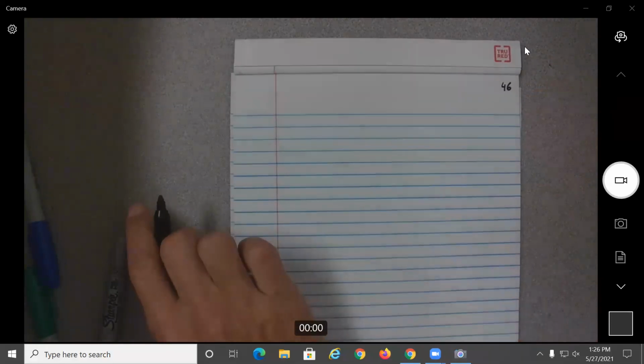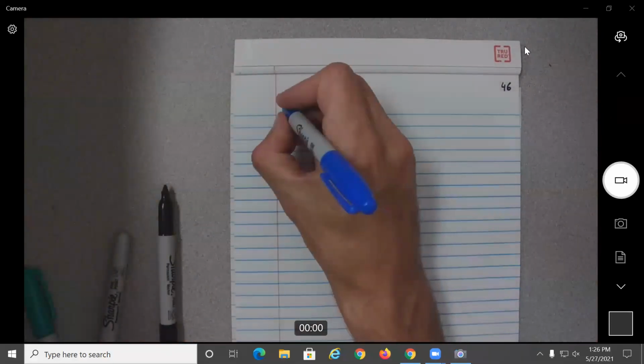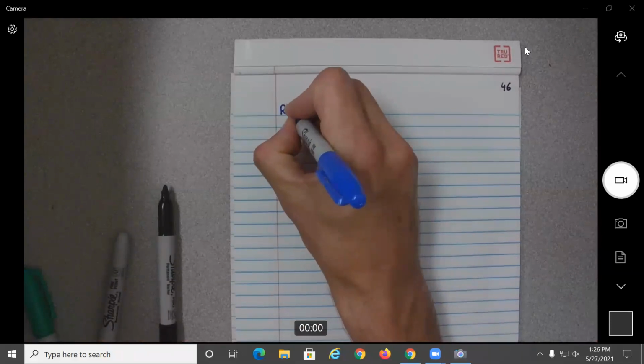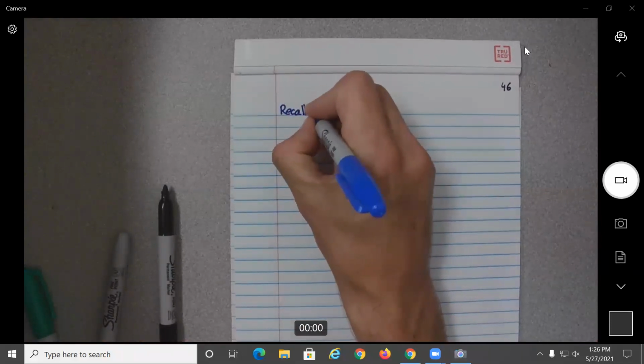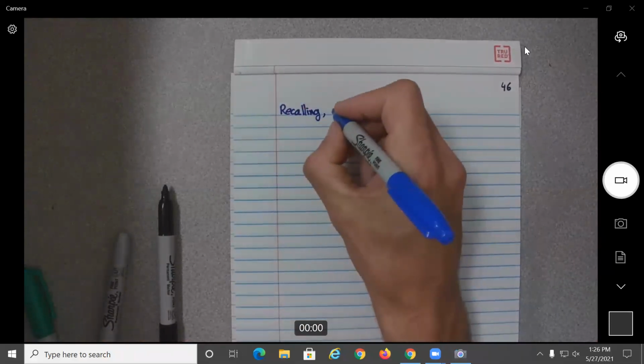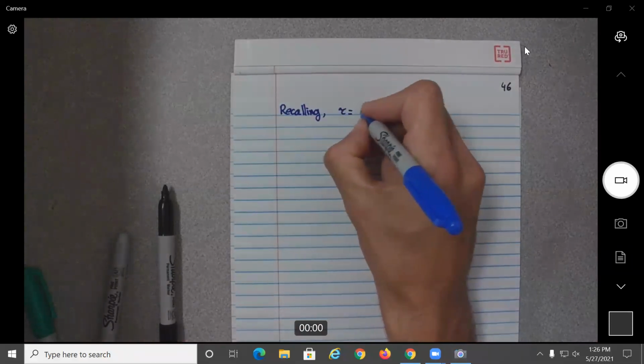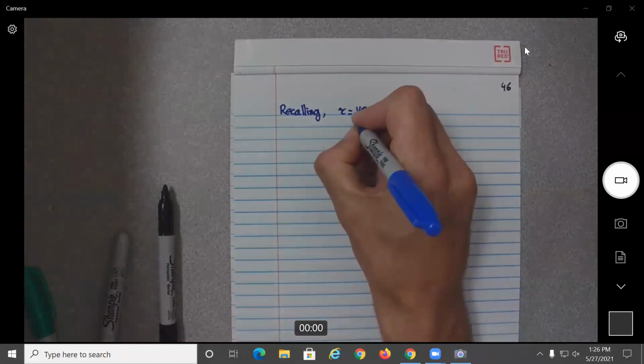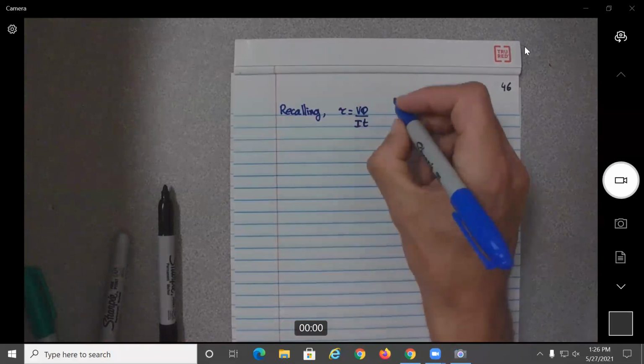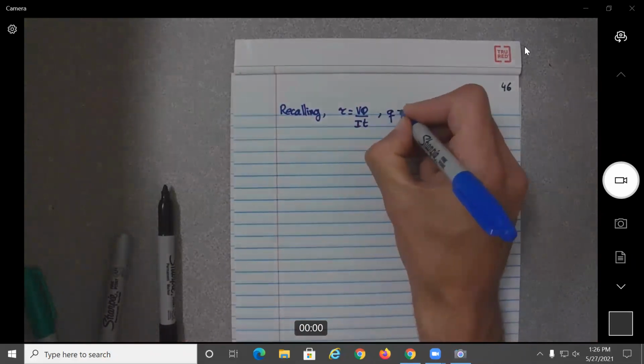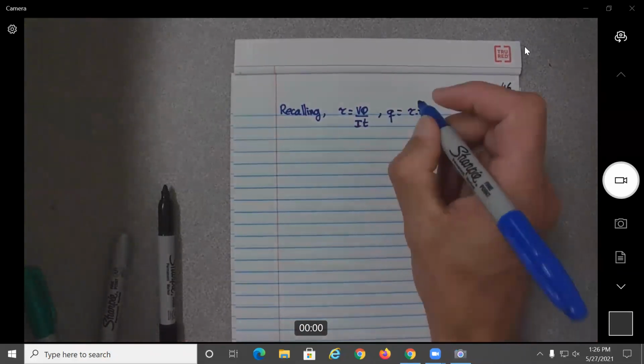So let's say we combine the two equations. We call in the two equations: tau equal VQ over IT, and q equal tau times t.